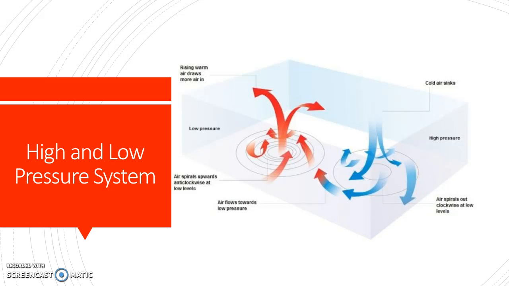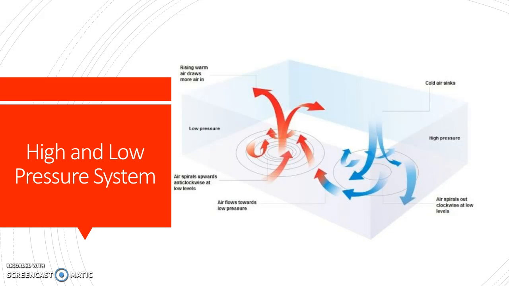We can also explain, from wind direction, how there's a high and low pressure system, and it just ties into the Coriolis effect, where we have clockwise and counterclockwise rotations that occur, and this really just depends on the hemisphere.